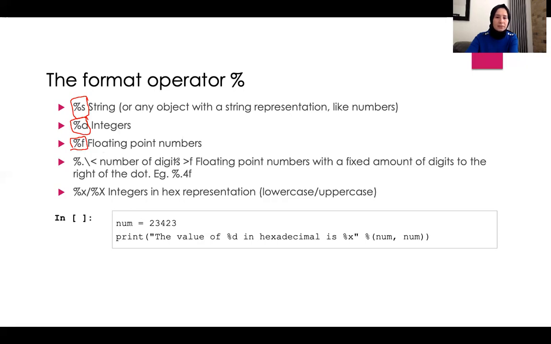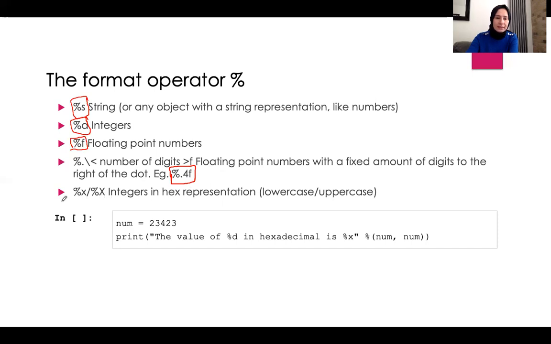And it is possible to specify the decimal points in floating point numbers. So you can have a fixed amount of digits to the right of the dot. For example, guys, when you use the F in this way, in this case, it will only show 4 decimal points of your floating number.